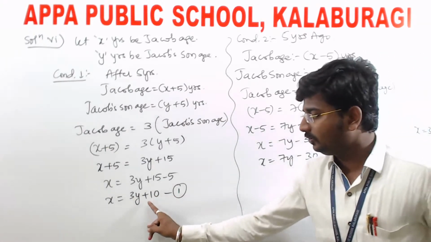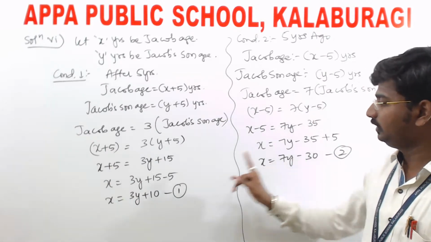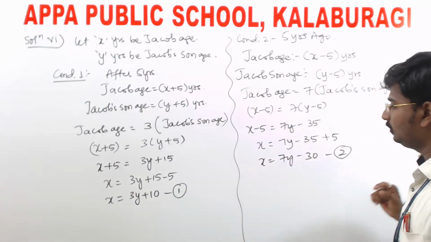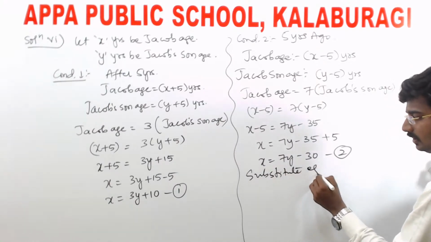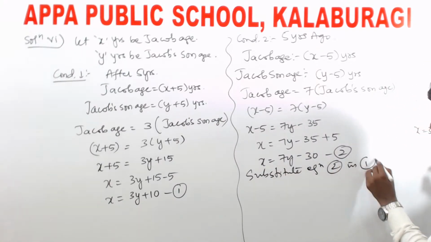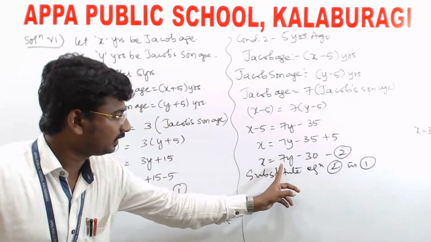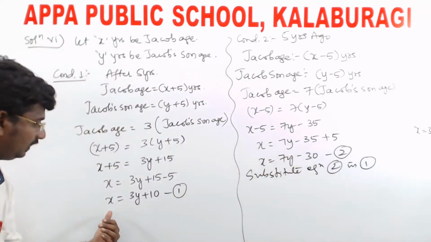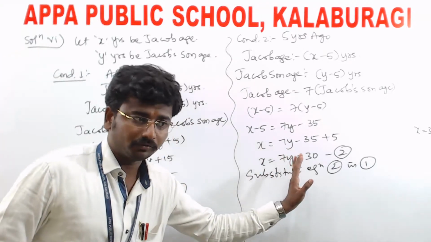Now tell me, yes. Now either you substitute equation 1 in 2 or 2 in 1. Choice is yours. Now what I will do? I will substitute equation 2 in 1. I will substitute now equation 2 value. What is that? x as 7y minus 30 in 1. You can substitute even 1 in 2 also. Choice is yours.